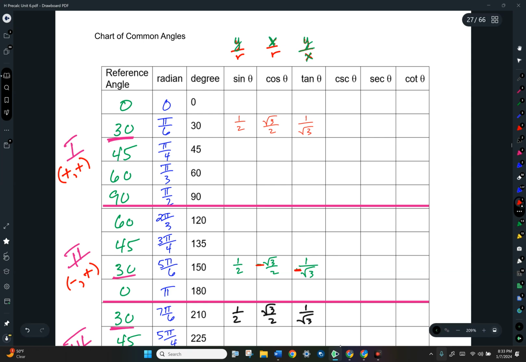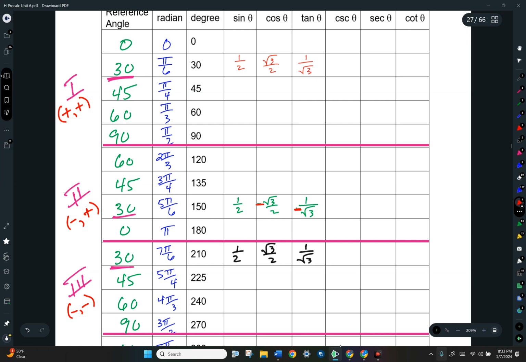So in the first quadrant, since both x and y are positive, all of the trig function values are going to be positive. But in the second quadrant, since the x is negative, cosine is going to always be negative in this quadrant. And since the tangent is y over x, positive over negative, the tangent is going to be negative in this quadrant.